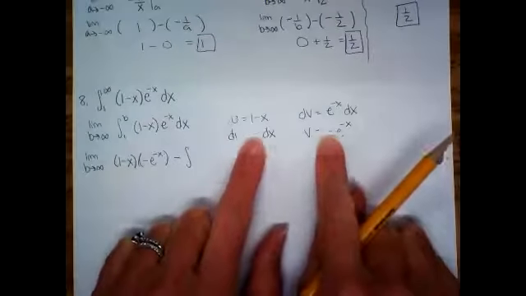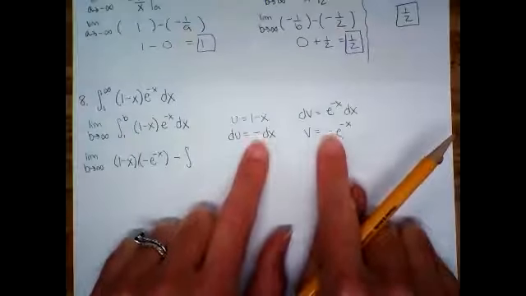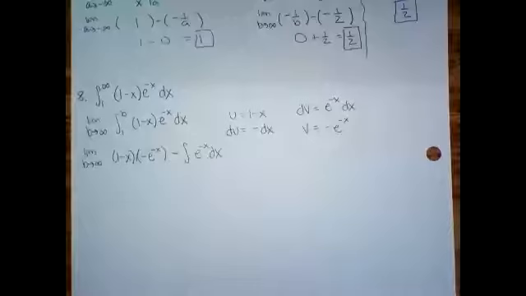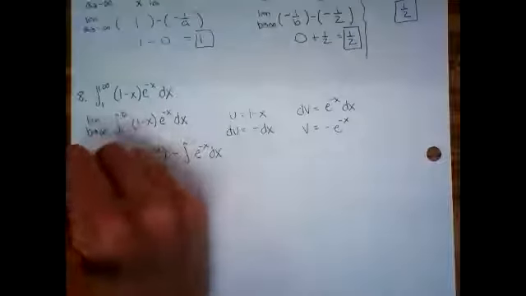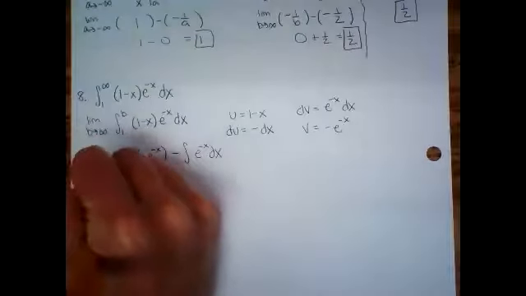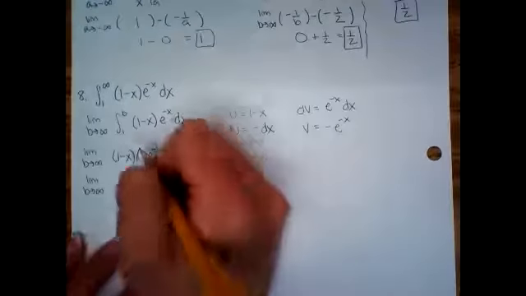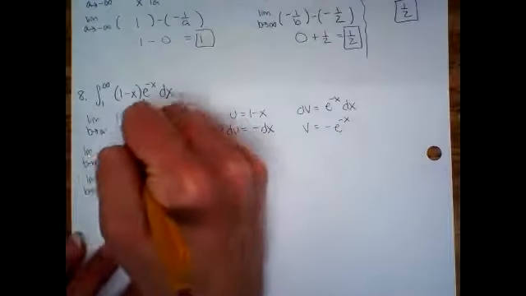V du. Now these two negatives will cancel. So it'll just be e to the negative x dx. Again, what I think is so hard about this problem is the fact that there are so many negative signs. So that limit is still hanging on. Again, if you don't want to write it every time, it's up to you, but don't forget to evaluate it in the last step. For this, we're going to distribute into these parentheses.